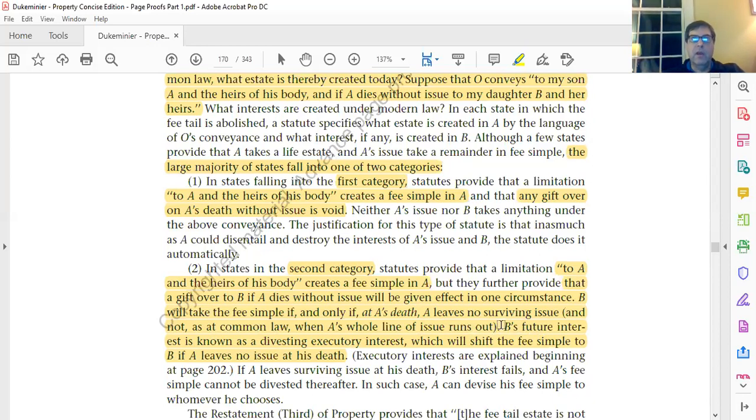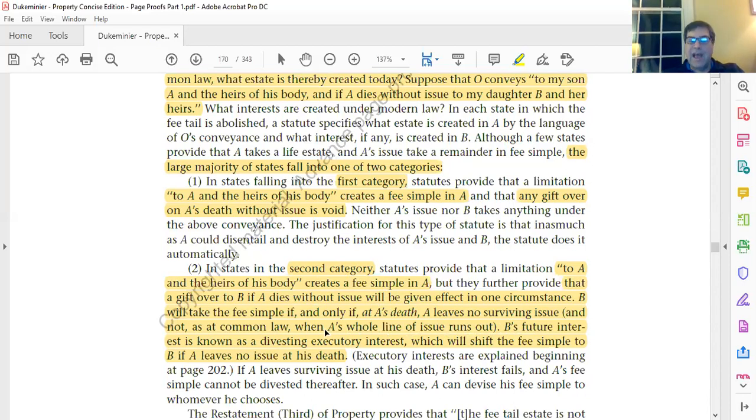And so the distinction they're drawing here is sometimes called a distinction between a definite failure of issue and an indefinite failure of issue. Under the common law fee tail, basically, if you had this kind of language in a grant, B's interest would become possessory at any point in the future when A's bloodline ran out.